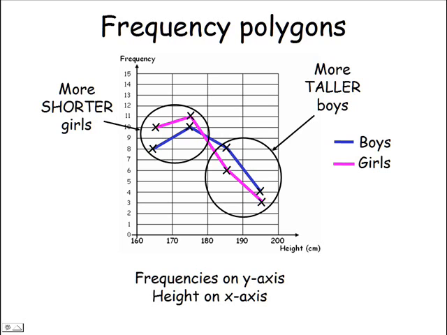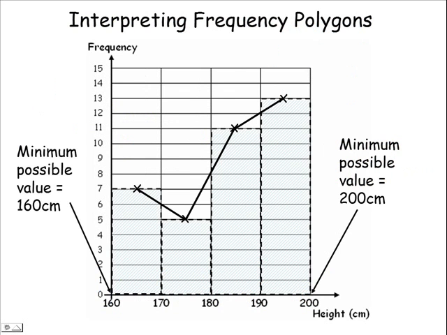The y-axis is frequency, so the height of the polygon tells us how many people are in that group, not how tall or heavy, etc. they are. Because the points on the frequency polygon represent the midpoints of the tops of the bars, we need to be aware that there could be data values to the left or right of the endpoints of the frequency polygon. And we can use the fact that the bars are all the same width to work out where the end of the bars finish.